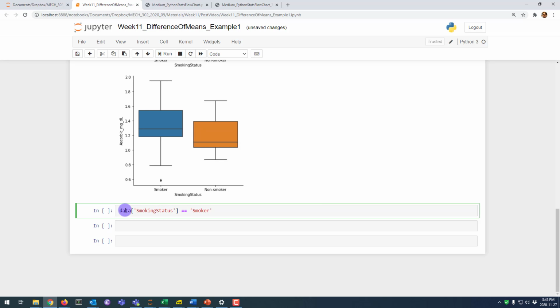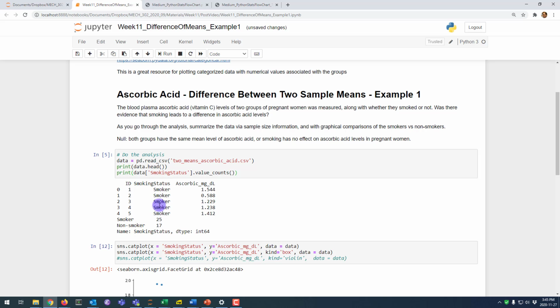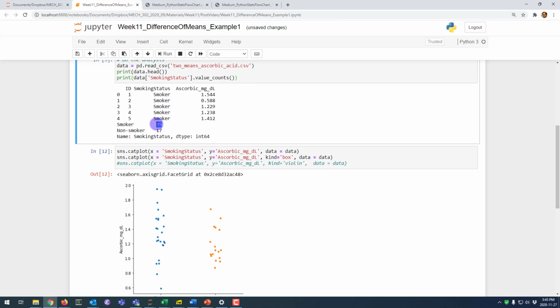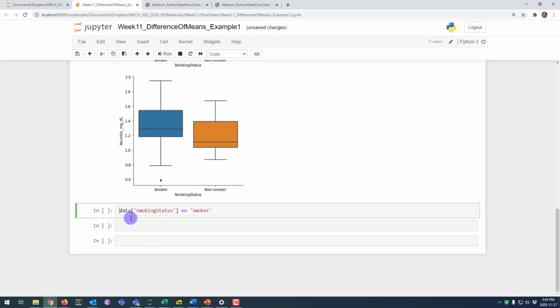So what this would do is take the data smoking status, all the data points in the smoking status column, and find those that match the smoker. So that'll be a binary list, and it'll have 25 yeses and 17 nos, or trues and falses. And then we add this extra layer around it, which is the subset. So we say, I'm going to take that data, and I'm going to use it to sample the rows of my data set, so I only get the smokers.